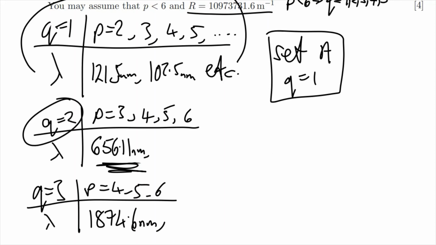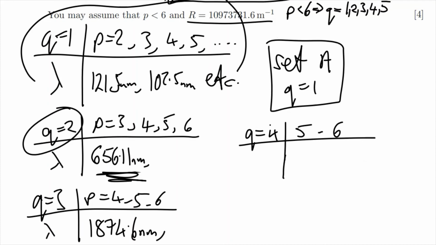What about Q equals 4? That gives us P equals 5 and 6. What do we get?